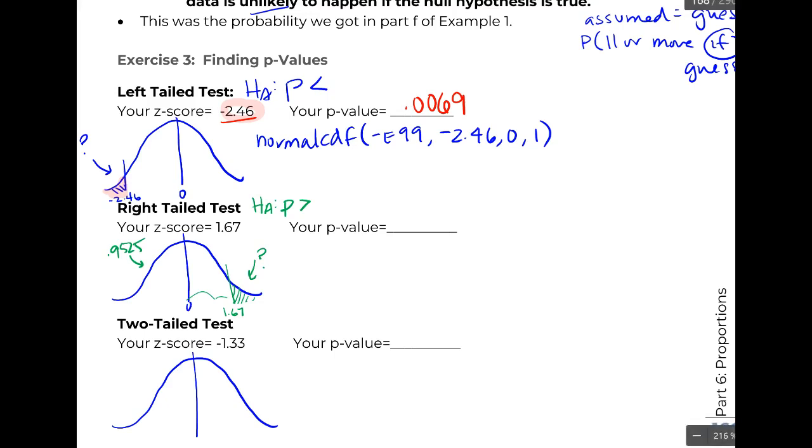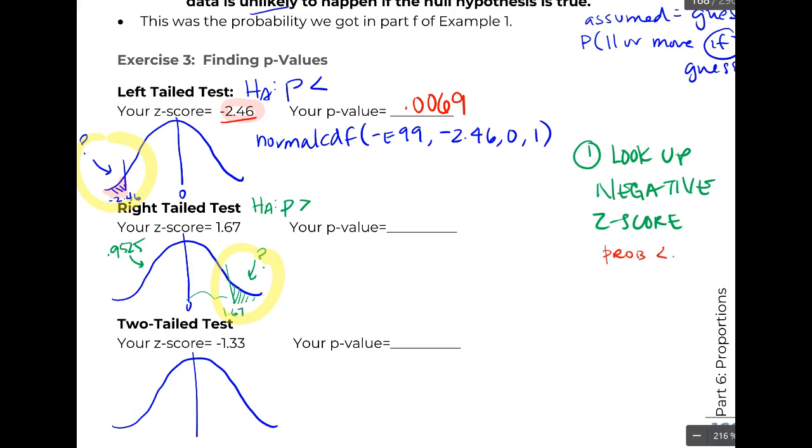This is where I have a shortcut if you're going to use the table. My shortcut is always to look up the negative z-score. My reasoning here is if we're talking about a tail, our probability, our p-value, should always be less than 50% if we're getting out a tail.